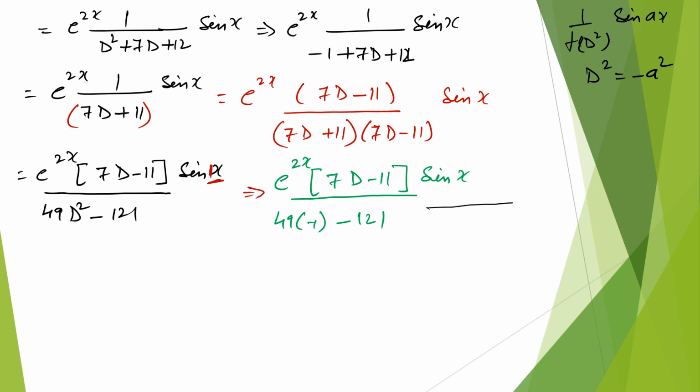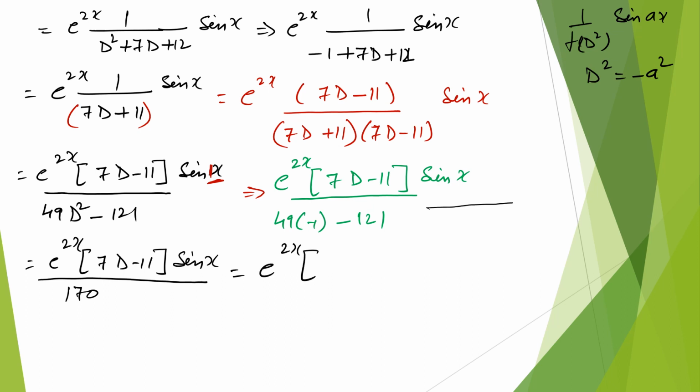That will be e to the power 2x into 7d minus 11 sine x upon minus 49 and minus 121 is minus 170. That is e to the power 2x into 7d sine x minus 11 sine x over 170.